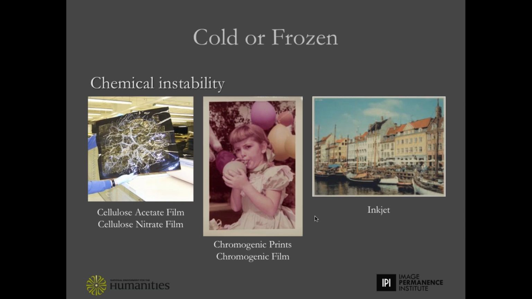The causes can be heat, light exposure, the presence of environmental pollutants, with ozone being a major one. Not all inkjet papers have this issue, and it isn't really possible to know which ones will and which ones won't turn yellow. So therefore, the conservative recommendation is cold storage, cold temperatures.